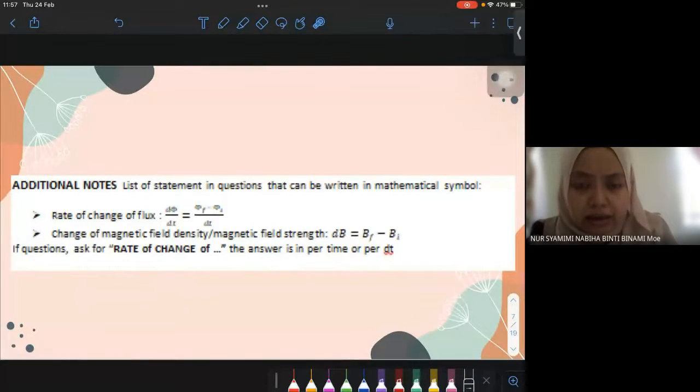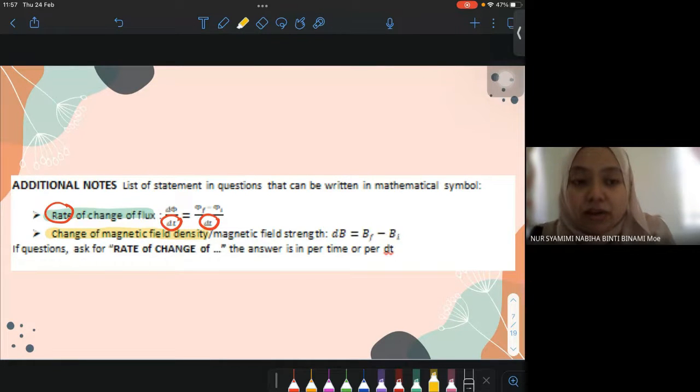Okay, dekat soalan kamu. Adakah dikata rate of change of flux? Kalau rate, kadar. So, kadar kena bahagikan dengan time. Final minus initial divided by time. But kalau the question state that change of magnetic field density, dia ialah change.